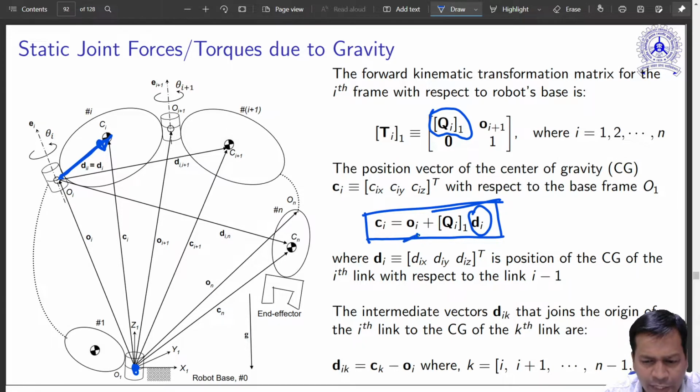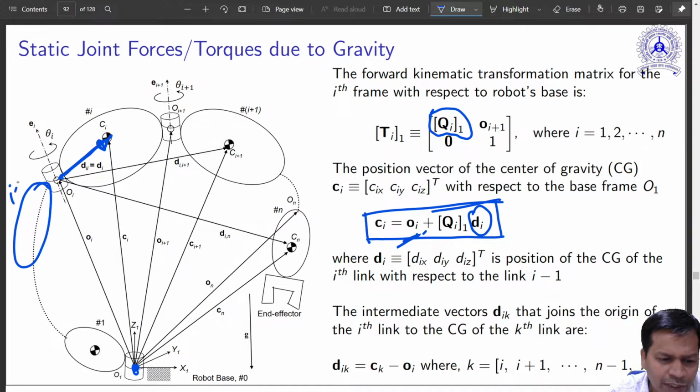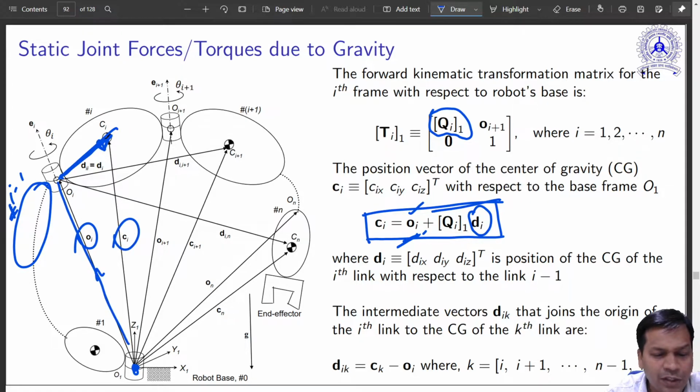Now Oi is obtained by the link which is here, that is the i-1th link. If I take the transformation matrix of that, that will have this also. So if this is known and this is known, I can obtain the center of gravity vector. So this is what is done.